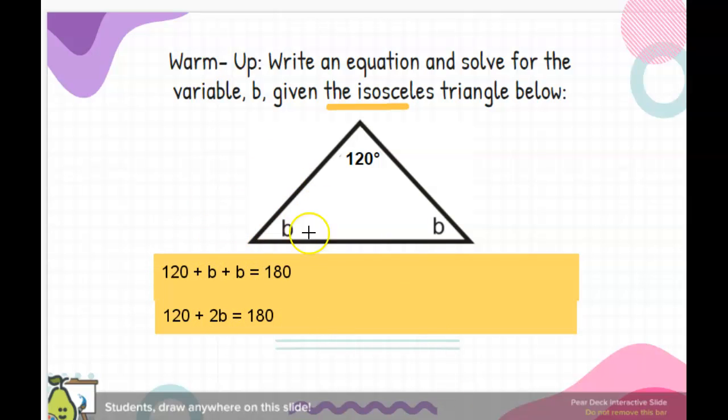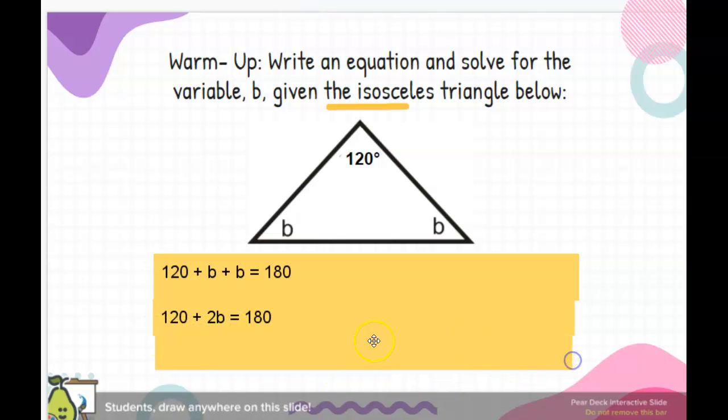We know in an isosceles triangle that two angles are going to be equal. So once we have this equation, we can go ahead and subtract the angle that we do know. So we do 180 minus 120, which equals 60 degrees.